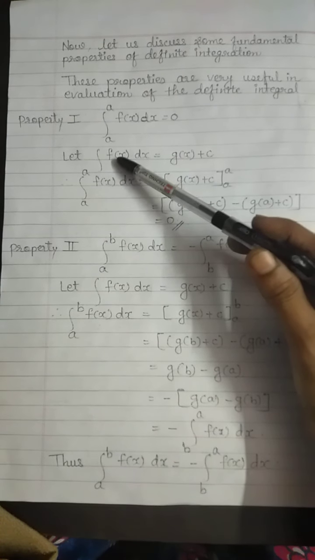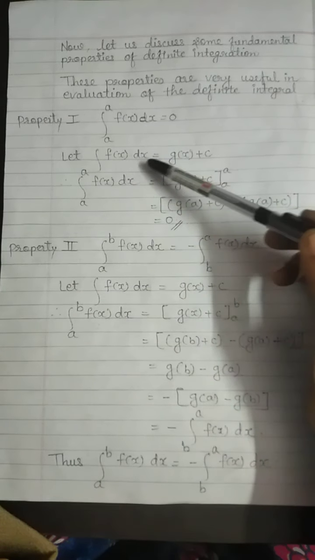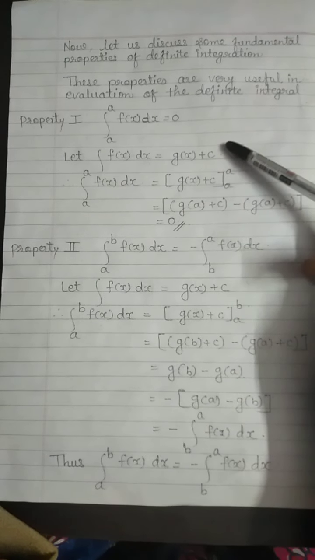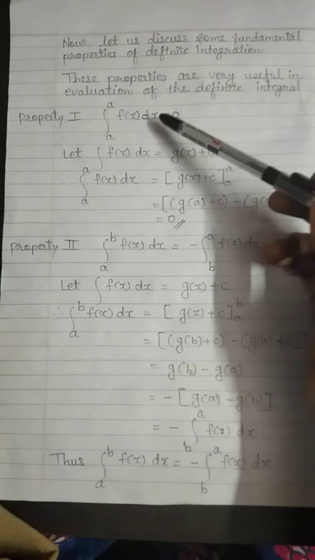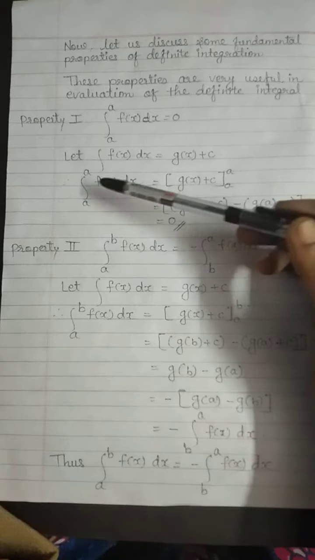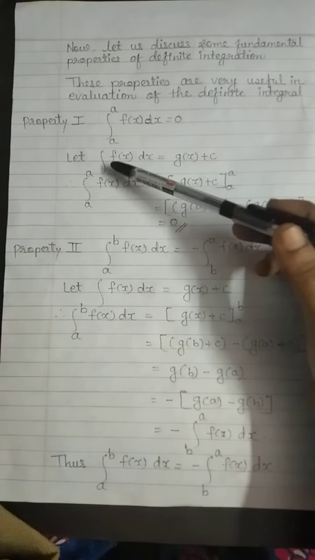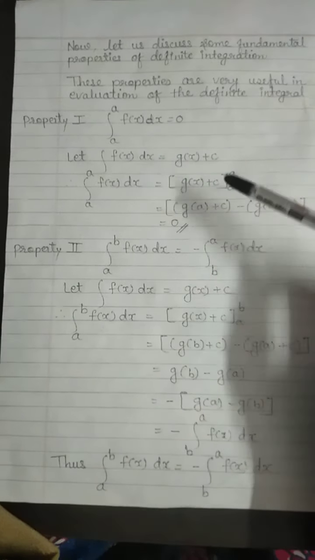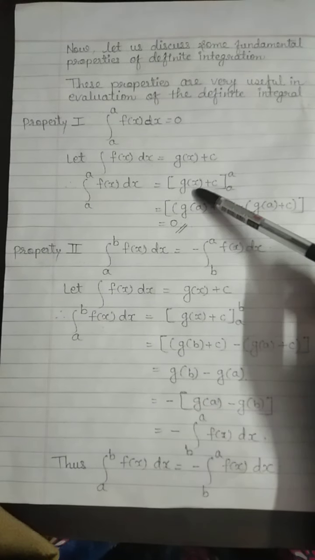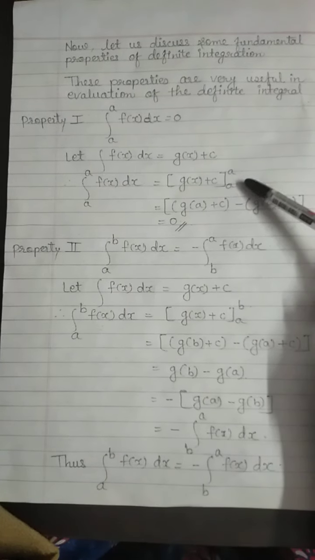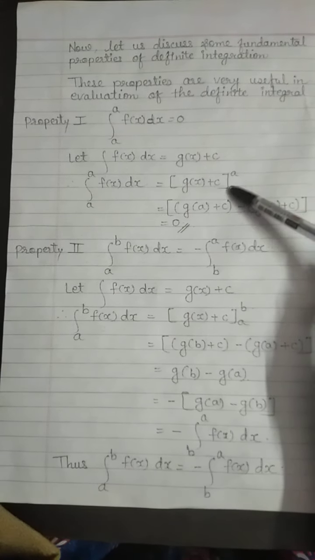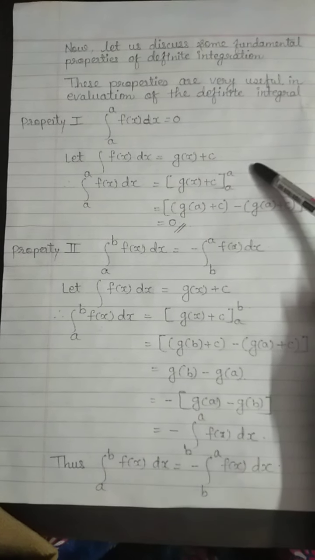Suppose we consider that the integration of f of x dx is g of x plus c. Then by considering this integral, that is the integration from a to a of f of x dx, we can write the answer as g of x plus c, and here we will write the limit, lower limit a and upper limit also a.